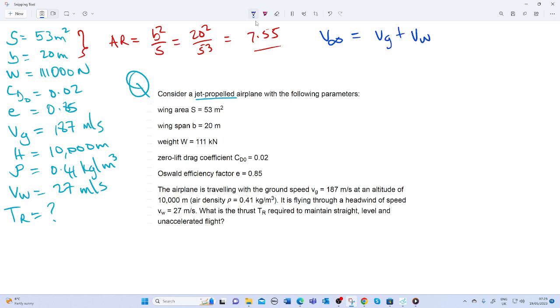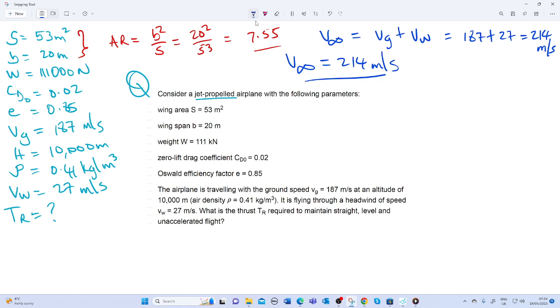The VW. That gives us 187 plus 27, which is 214 meters per second. So our V is 214 meters per second calculated.